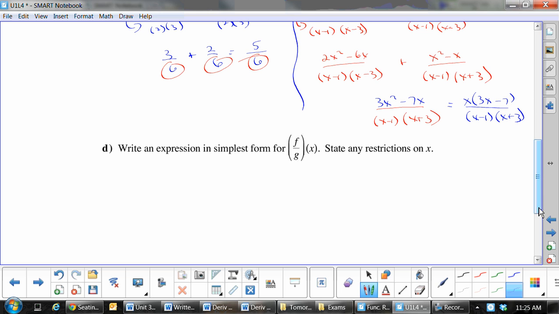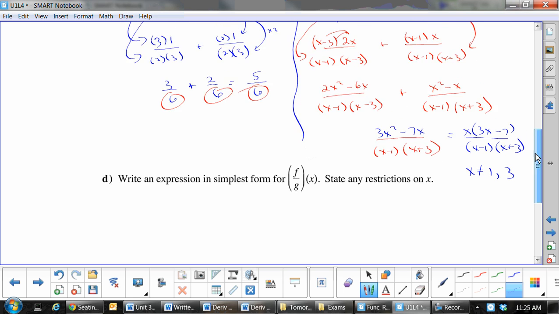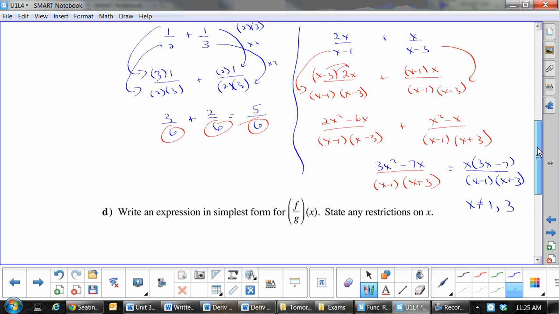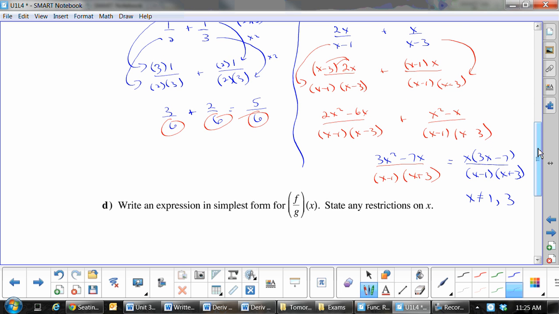The question isn't done because I would have to state that x cannot equal what? Okay. How did I change this to plus 3 all of a sudden?